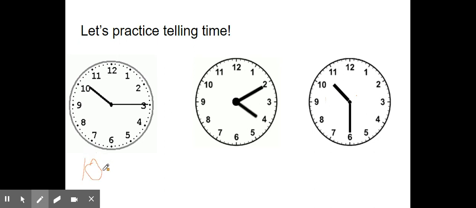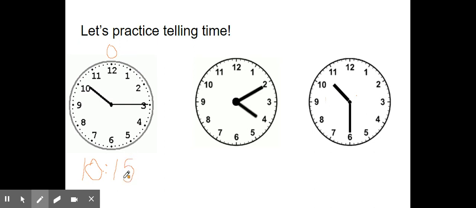Then I put 2 dots before putting the minutes. We're going to count by fives. But remember, 12 is the same as 0 minutes. So I'm not going to start counting by 5 until I get to 1. 5, 10, 15. This clock shows 10:15.